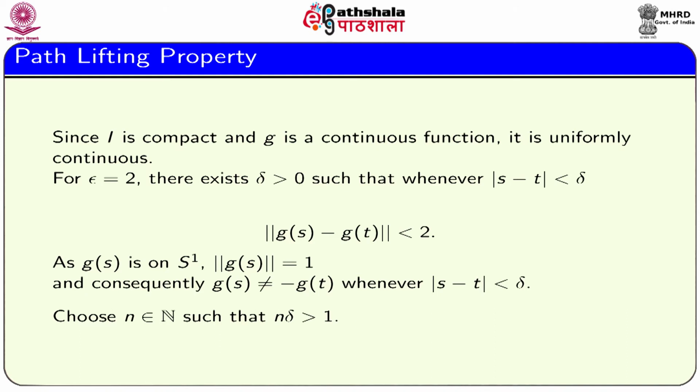Choose any n such that n delta is greater than 1, and that is possible by the Archimedean property of the real line.